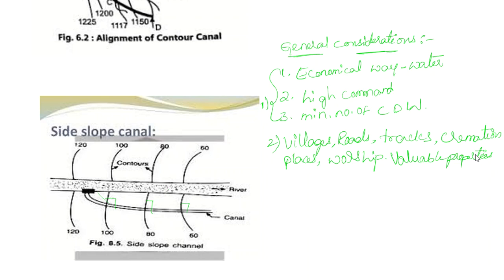The next point is the number of kinks and acute curves should be minimum.